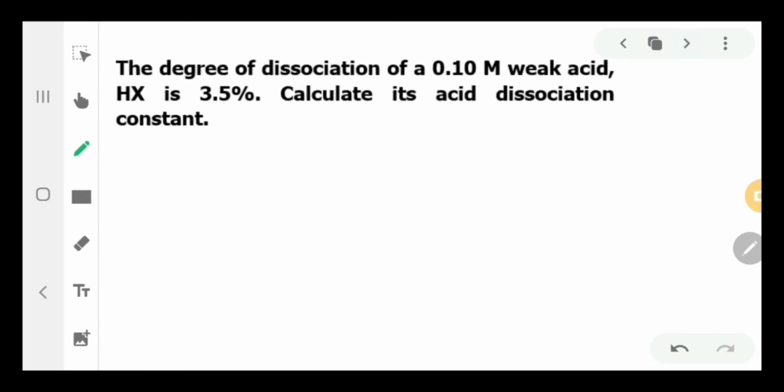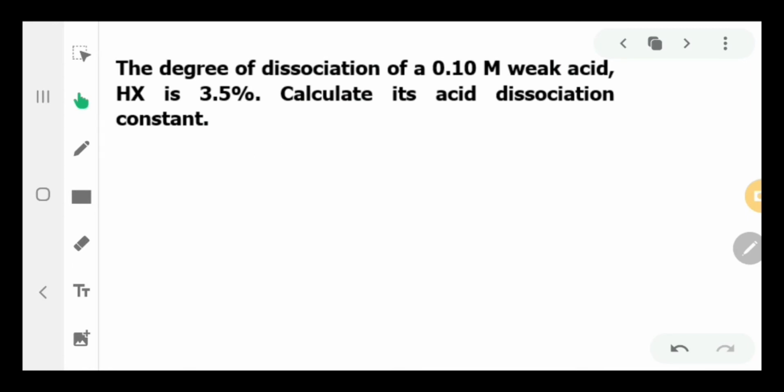Right. Now, let's have a look at the second example for weak acids. In this question, it wants you to find the acid dissociation constant, and you have the degree of dissociation. Another clue, how do you know that this one will be dealing with a weak acid, or maybe it's going to be a strong acid?